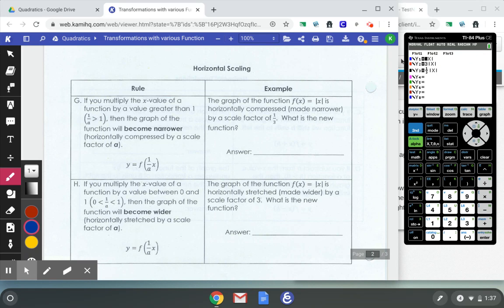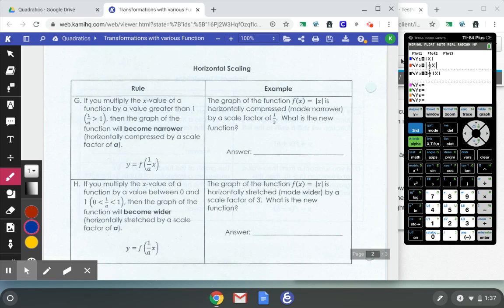Let's go back to that absolute value function again. If I multiply my x value by a number where 1 over a is greater than 1, that means I actually end up with a fraction. Let's see here. If I multiply that x value by, let's say, 1/3, what will happen?